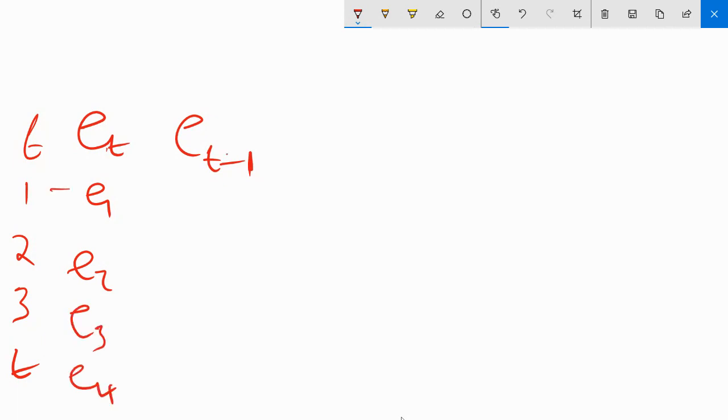It means when t is 1, here we're going to have E0, and we don't have 0 because our subscript t starts from 1. So here we put a dash. Then when t is equal to 2, we're going to have E1. When t is equal to 3, we'll have E2, here we'll have E3, and so forth.